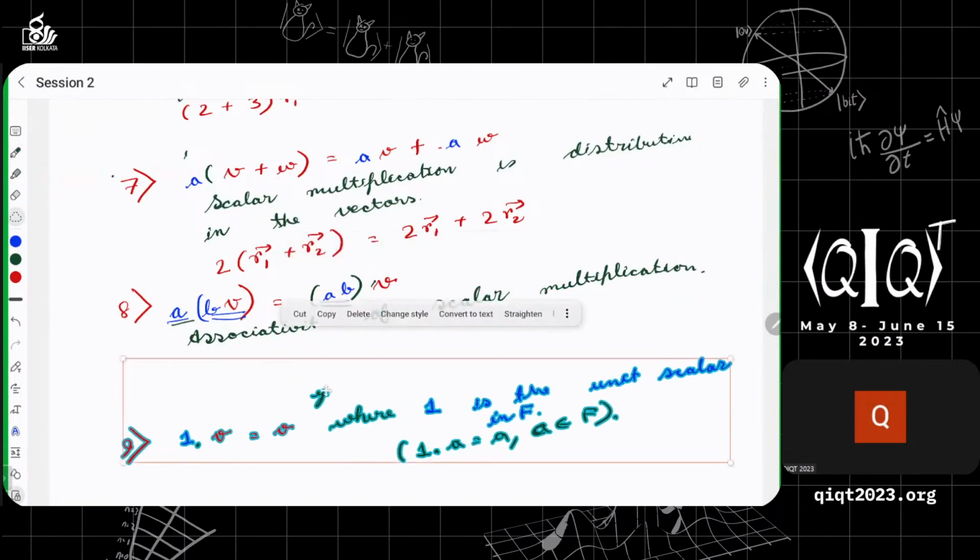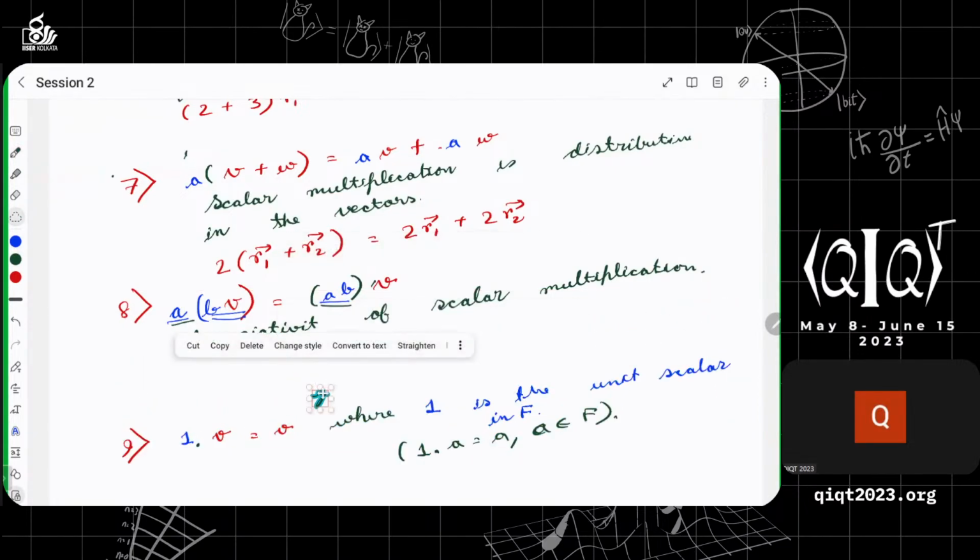So now if you take, say, 2 times 3 into R1 vector, that is the same as doing 6 times R1 vector.